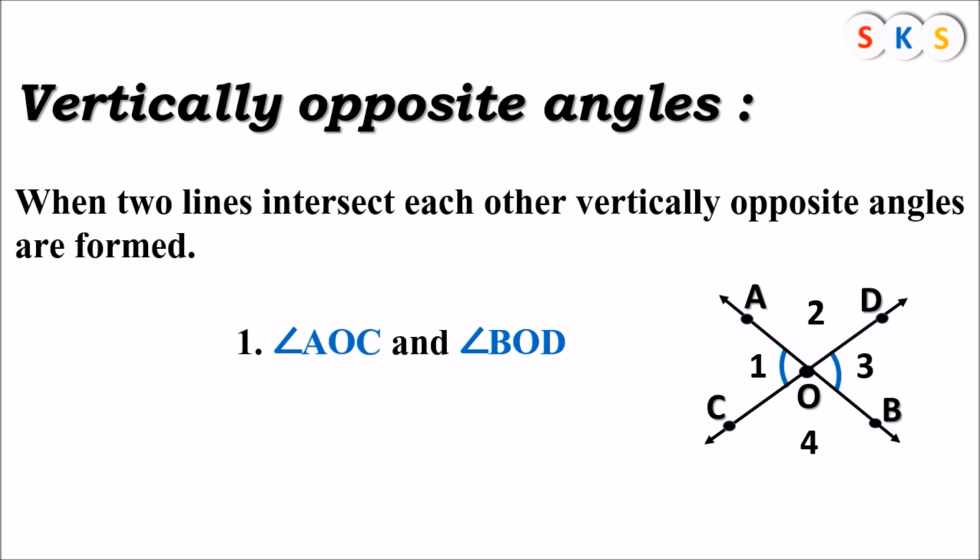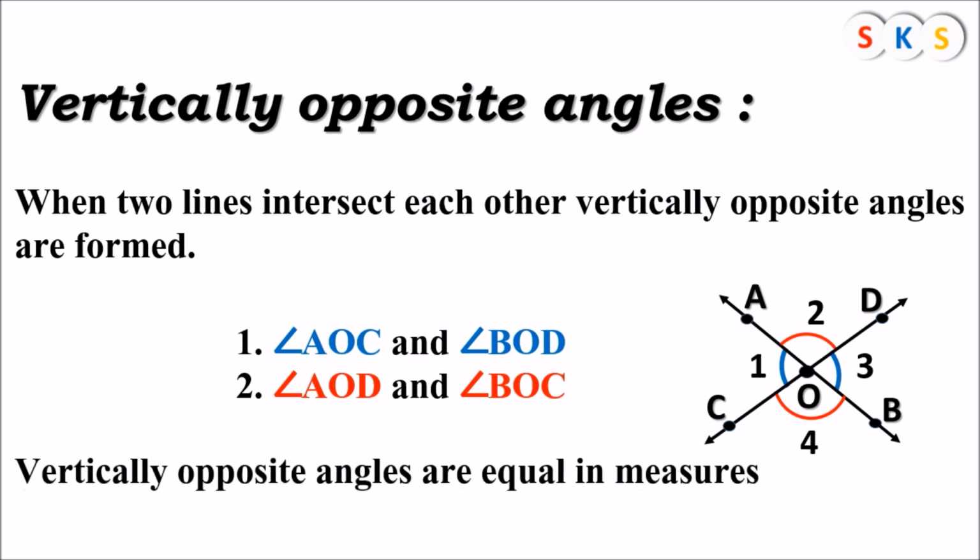Similarly, you can see in this figure angle 2 and angle 4 are opposite to each other, and they are the next pair of vertically opposite angles, that is angle AOD and angle BOC. Okay, so angle AOC and angle BOD is one pair of vertically opposite angles. Angle AOD and angle BOC is the next pair of vertically opposite angles. And vertically opposite angles are equal in measure.